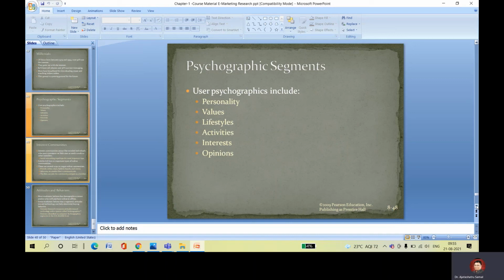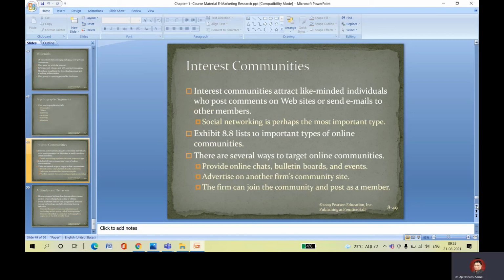Psychographic segmentation uses personality and values, lifestyles, activities, interests, and opinions. Interest communities attract like-minded individuals who post, comment on websites, and send email to other members.